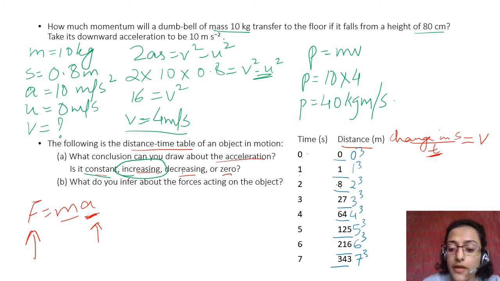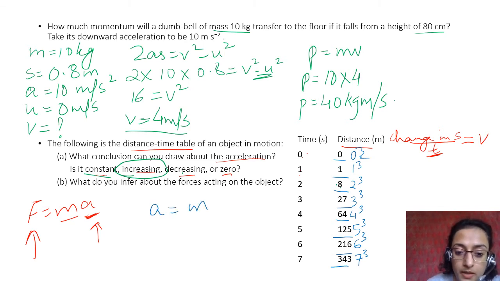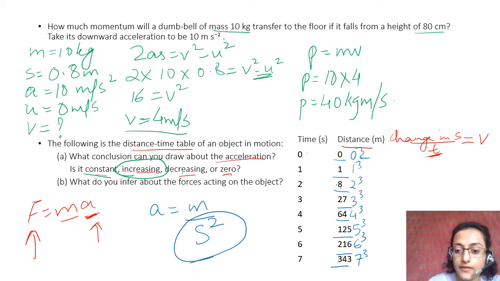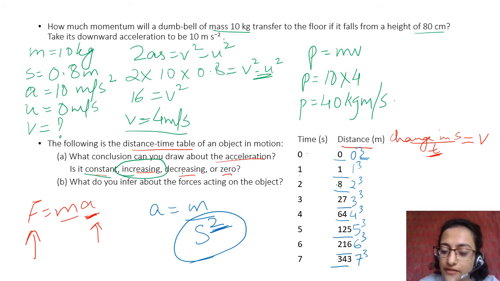So here it is increasing by cube, but what is acceleration? Meter per second square. This is cube, this is square, which means it is not constant. If it was increasing by square, then I would have said that it is constant. I will tell you how.